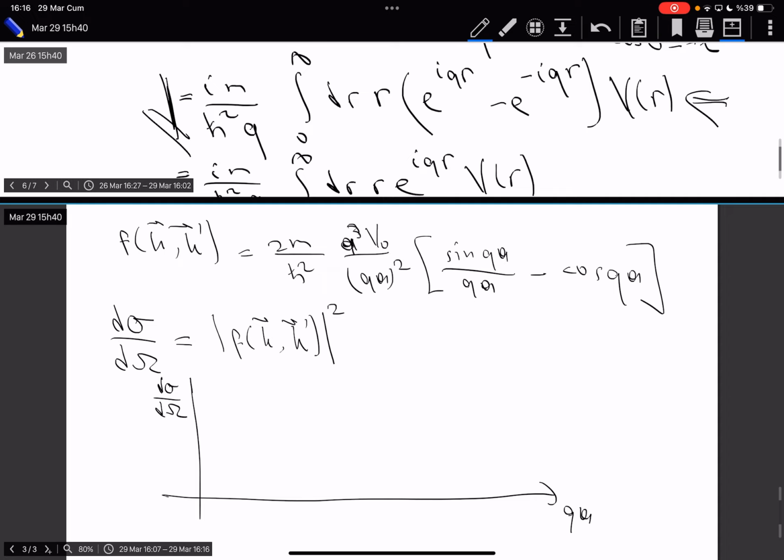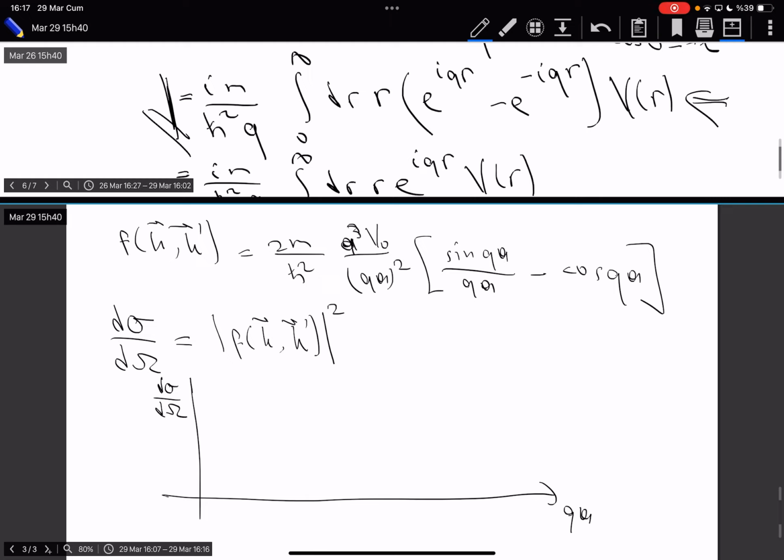Because since QA equals 0, cosine QA equals 1. Sine QA over QA when QA is equal to 0 is 1. Since cosine QA is also 1. Oh, 0. 0 over 0. So you have to be a bit more careful than that.